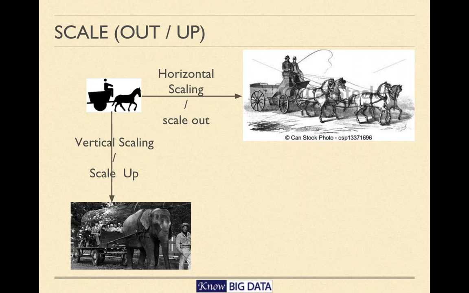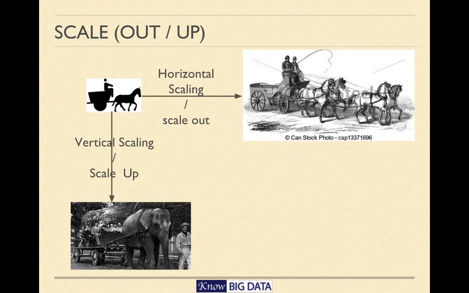All right. And replacing a horse with multiple horses, or adding more horses, is called horizontal scaling. And in our typical sense, that's what we are trying to do. When our computer could not solve our problem, we added more computers in the network so that all of these computers can solve our problem together.